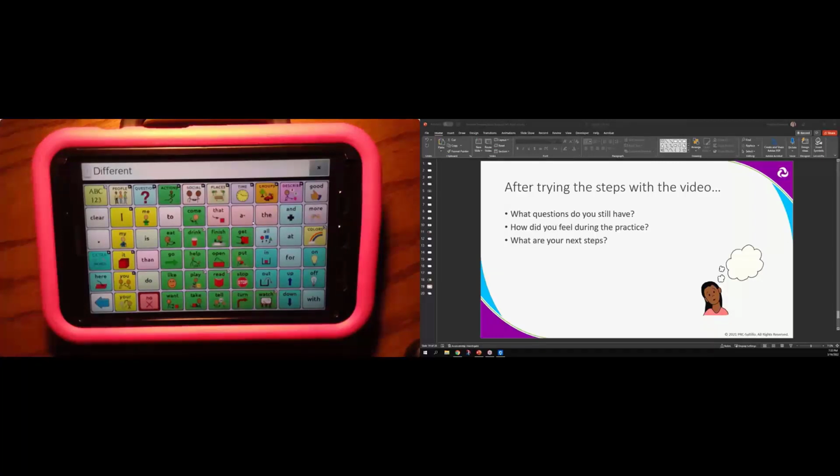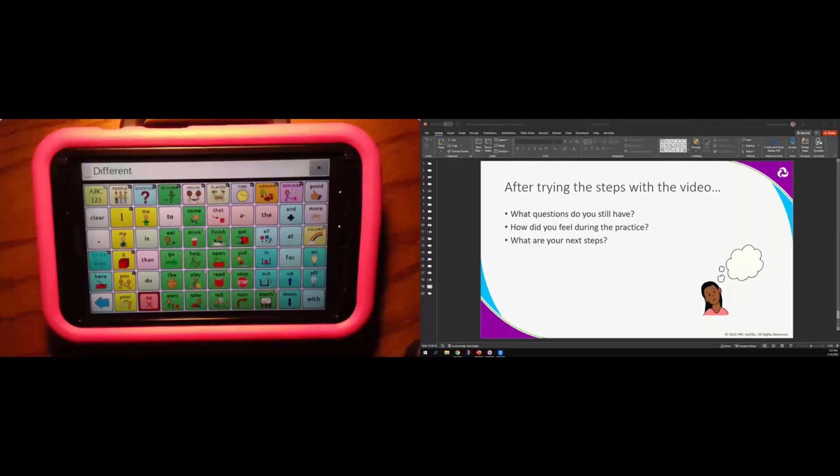And then as I'm talking verbally, I'm using the device to model. Using words, keeping it short, and then following up verbally. I would not type out the full sentence because that can be overwhelming.